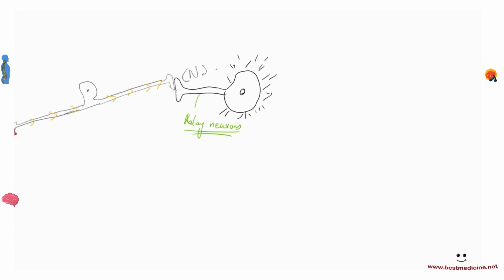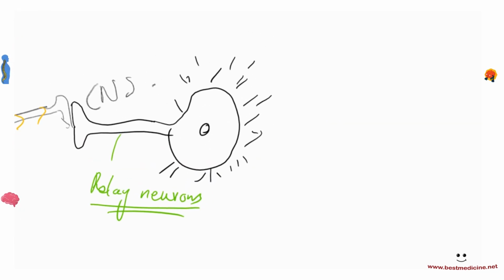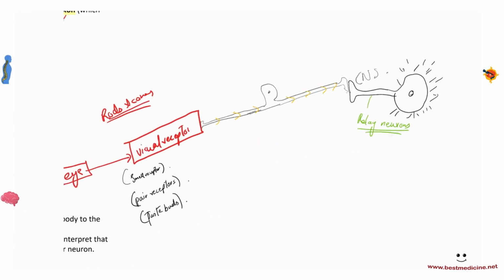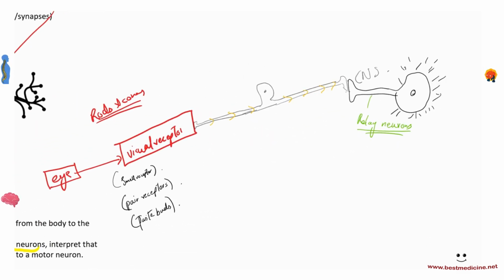So after they generate a response, for example, you're seeing this right now and you're trying to probably store this in a memory, they generate a response and it's carried out by a motor neuron usually. So a motor neuron will then carry out a response to a target organ. Maybe we can change the example here. Maybe you're trying to see a football coming directly to your face, right?